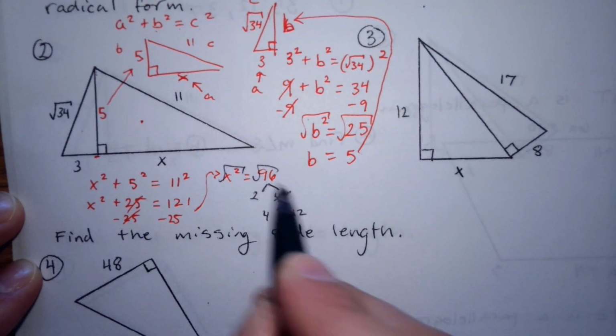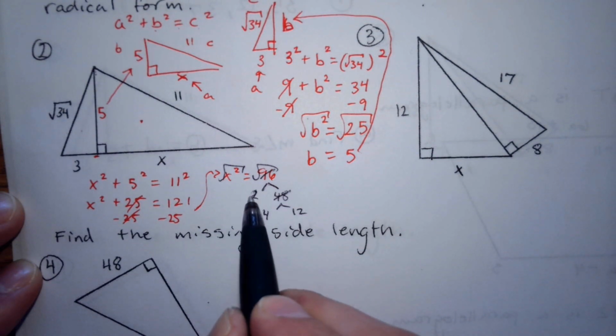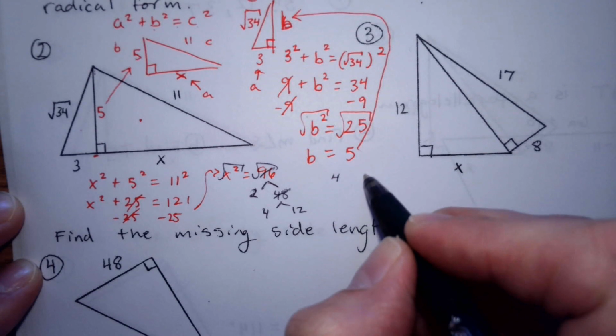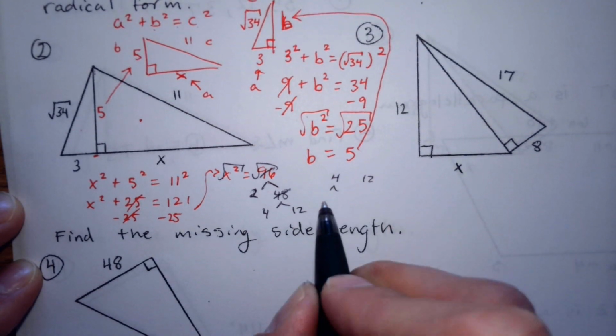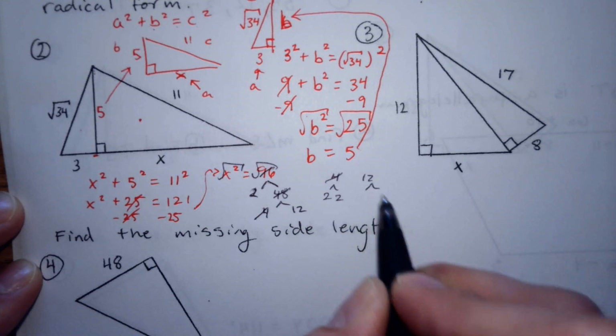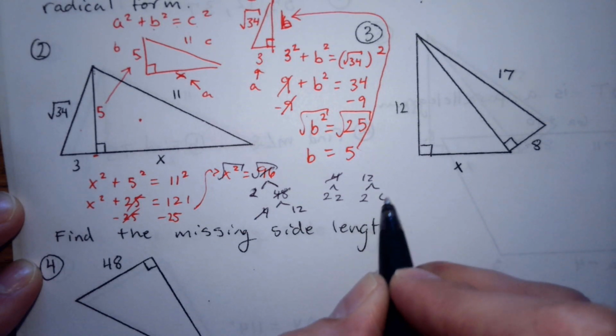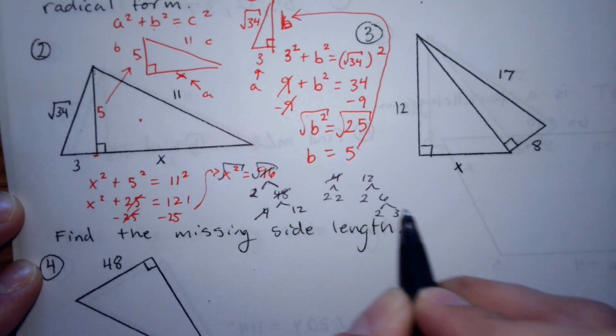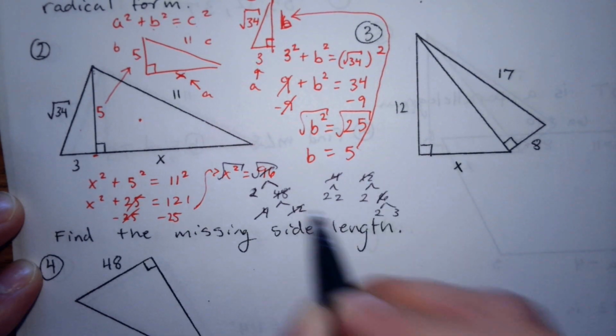Anytime I break something down, I don't need it anymore. So I need this 2, the 4 and the 12. I can break the 4 down into 2 and 2. I don't need the 4 anymore. The 12 I can break down to 2 and 6. And then the 6 into 2 and 3. So I don't need that. I broke that down.